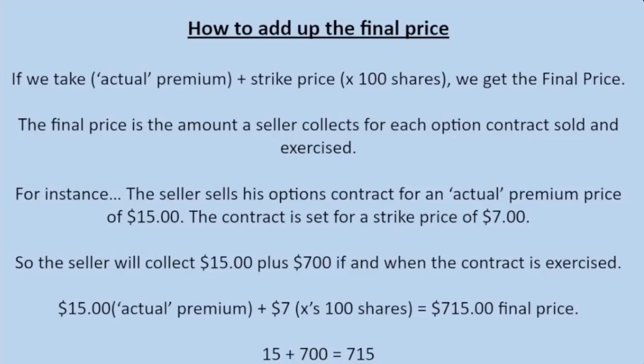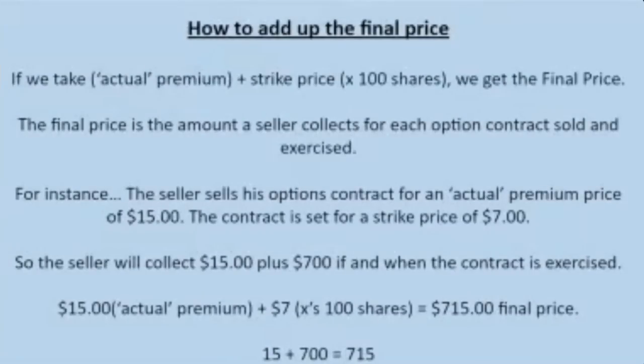Okay, so again, this is how we're going to add up the final price of a fully exercised options contract. If we take the actual premium plus the strike price, so the actual premium before was the premium price times 100. Now we're going to do the strike price times 100 to account for the 100 shares on both of those prices. We'll get the final price. Yeah.